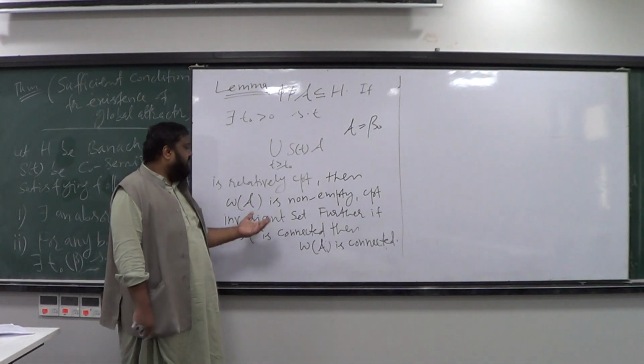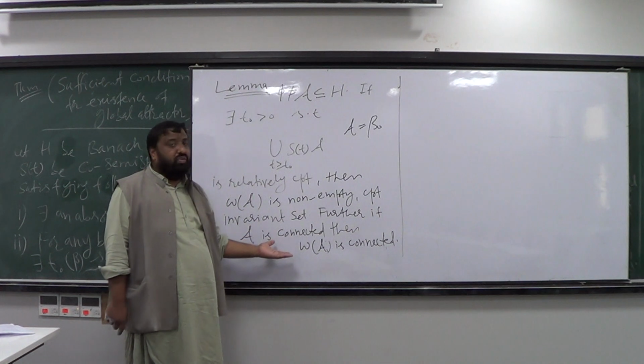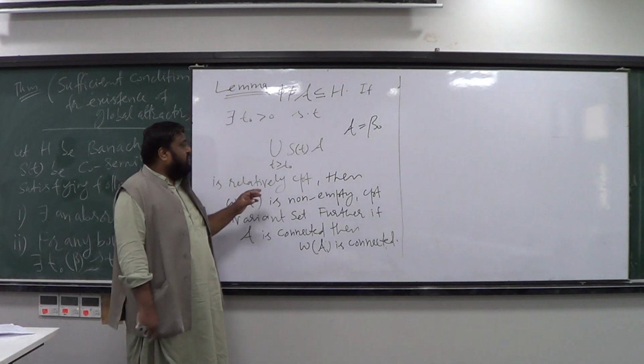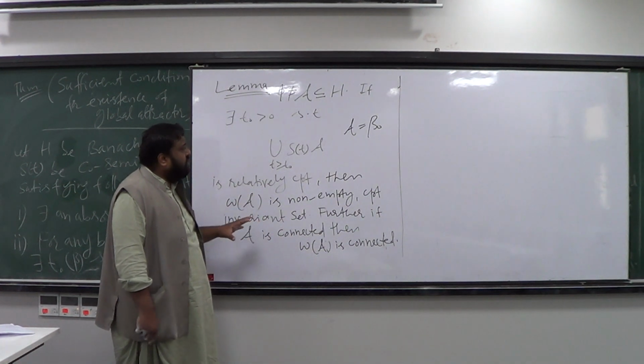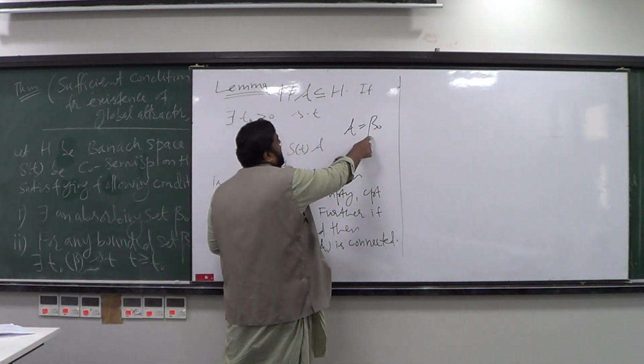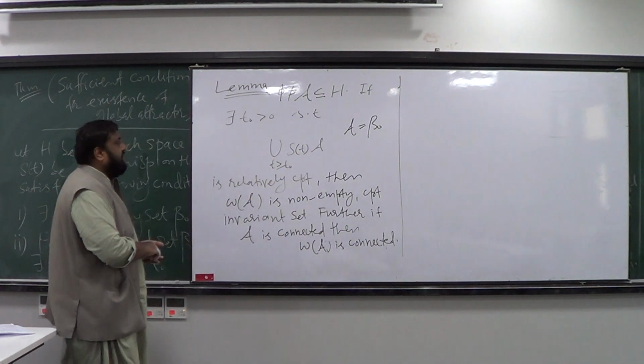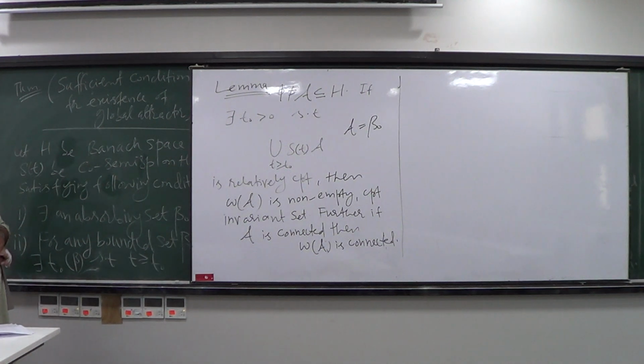Okay? And further, if A is connected, then omega of A is connected actually. So what we would like to do now, I would like to take A as B naught.